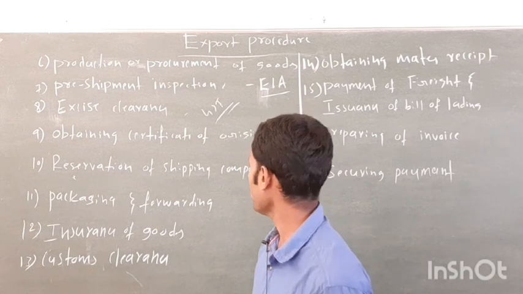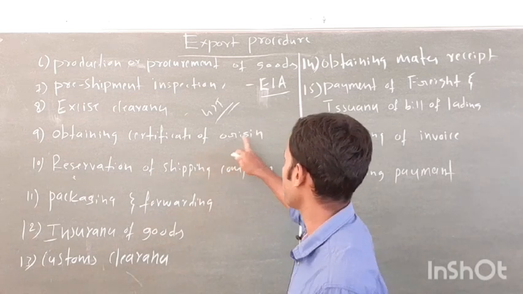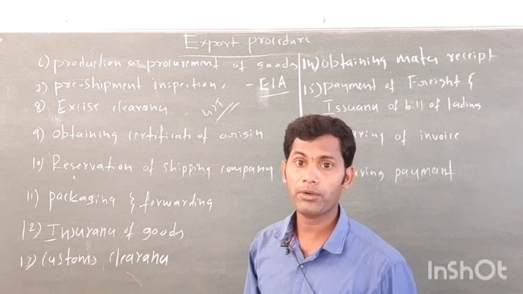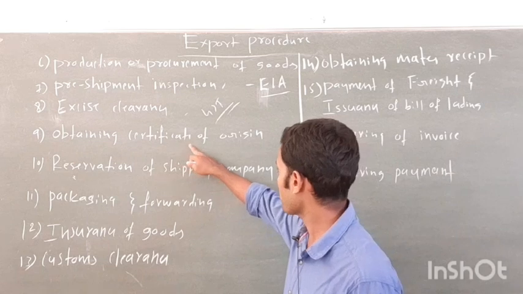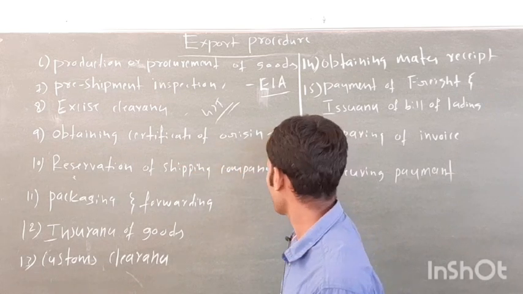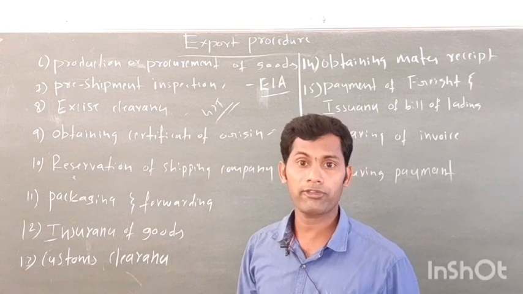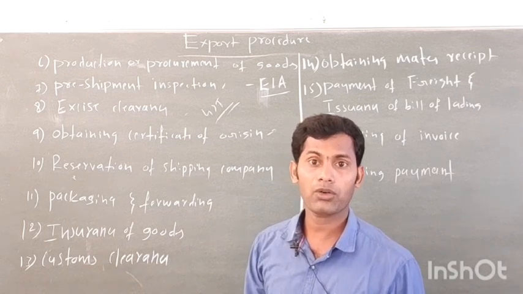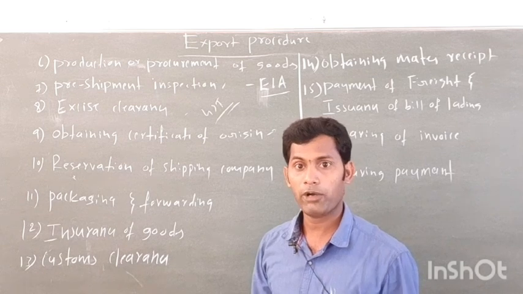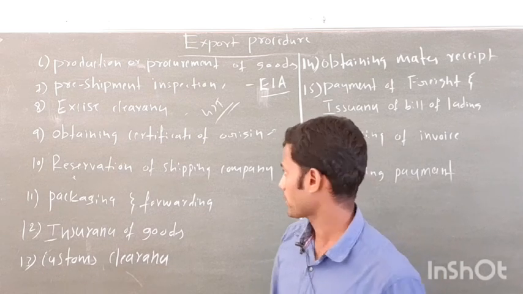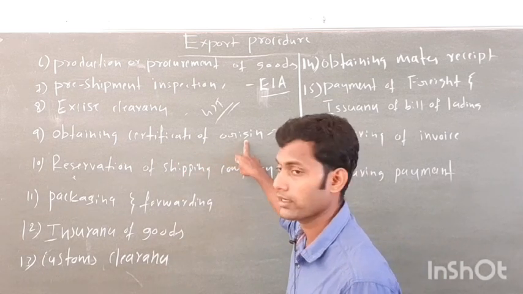Okay, now ninth one, obtaining certificate of origin. Now the exporter has received the certificate of origin. This is the proof of where the goods are exported from or where goods have been actually produced. That's what we call certificate of origin.